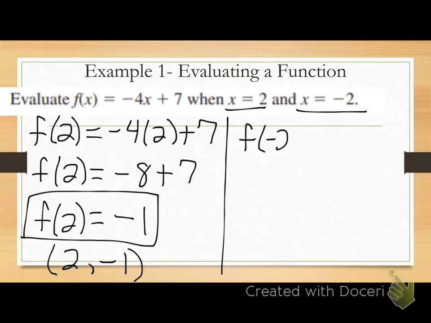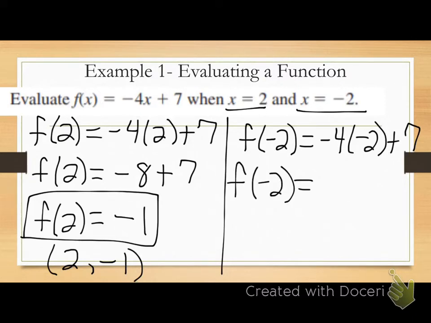Now I need to do the same thing with negative 2. So just replace all my x's with negative 2. Same steps here. Negative 4 times negative 2 gives me positive 8. And 8 plus 7 gives me 15.